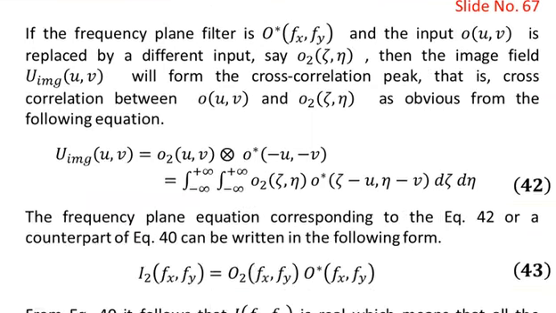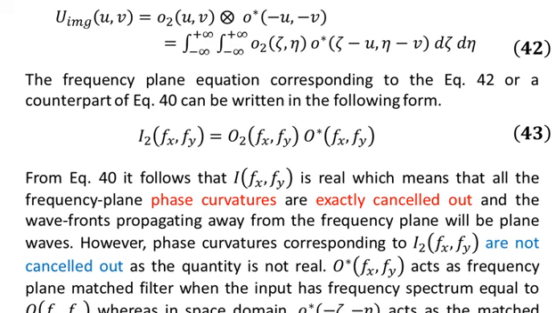But in equation number 43 we cannot say that, because on the right hand side the spectrum of O2 is multiplied by the frequency filter, which is O complex conjugate. So the transmission through this will not be real, because we cannot write the right hand side as the absolute square of any of these quantities.